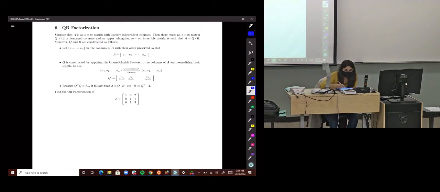by decomposing any matrix A as A equals Q times R, where Q is an orthogonal matrix, which means that Q transpose times Q is the identity matrix.